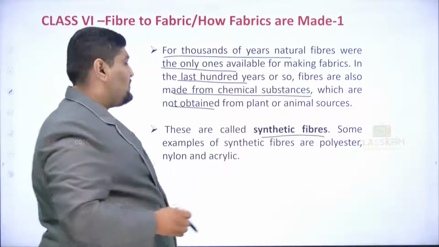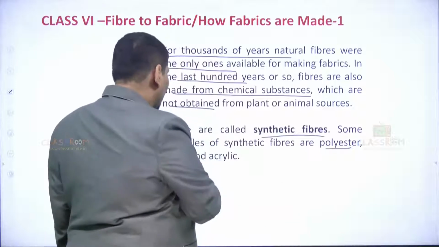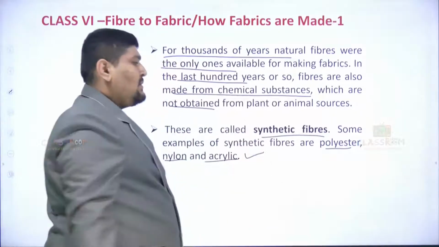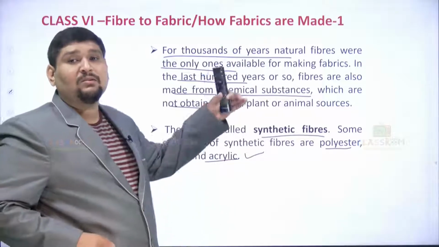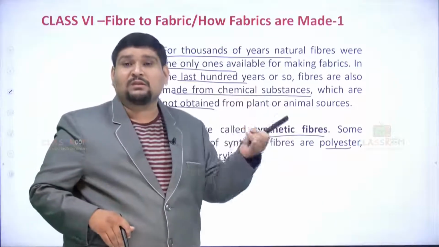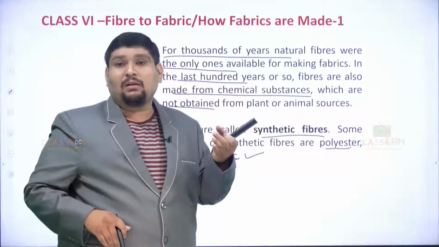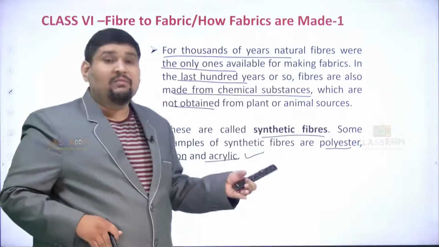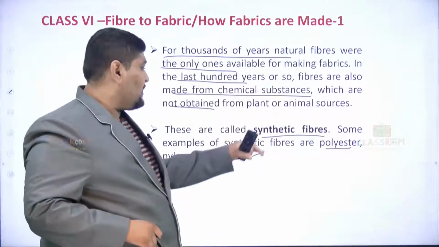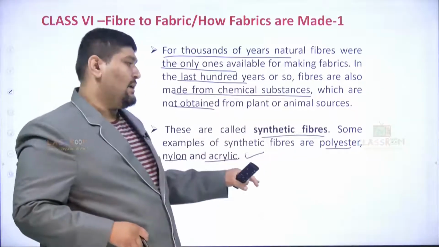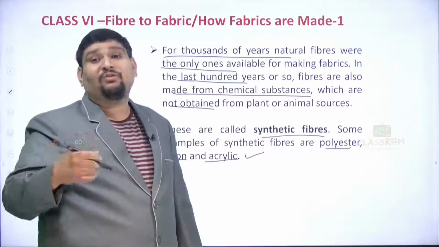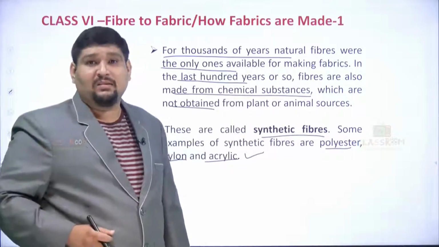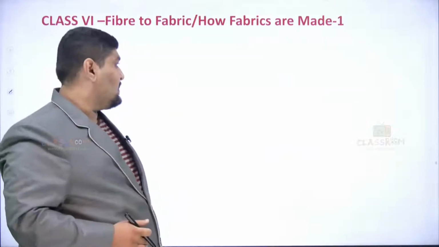Some examples of synthetic fibers are polyester, nylon and acrylic. Just as we have learnt about natural fibers like cotton, silk and wool, in the same way you can find synthetic fibers like polyester, nylon, acrylic. You should know the names of these, children. You will learn about their preparation and manufacturing in coming higher classes, in 7th and 8th.